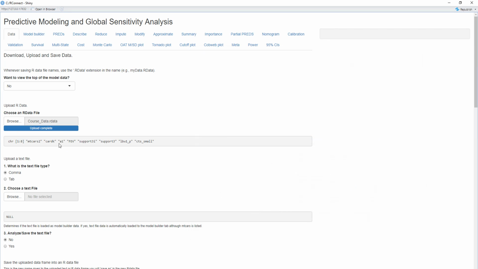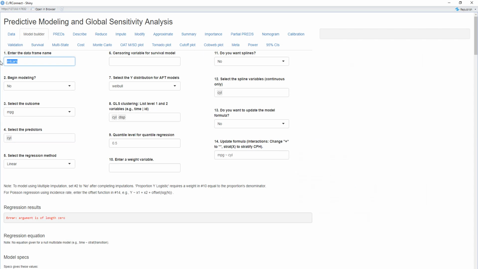So I've loaded the data. I'm going to go to the model builder page. I'm going to enter the data set. The outcome is FTE. The predictors are T and treated. And what I want to show you especially is how to do the interaction term. At number 14, I'm going to change that plus sign to an asterisk, which indicates multiplication.